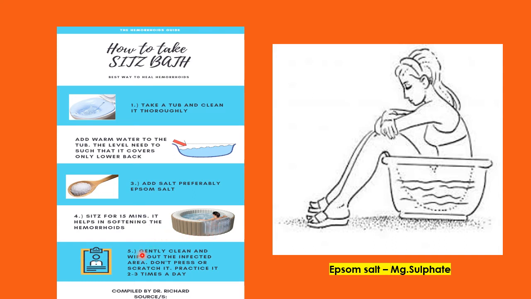After that, you gently wipe the affected area, trying not to press too hard or scratch, as it will cause bleeding. Do this 15 minutes each time, about 2 or 3 times a day, depending on the severity of the hemorrhoid. This will help you heal either the operated hemorrhoid or the complicated hemorrhoid faster than otherwise.